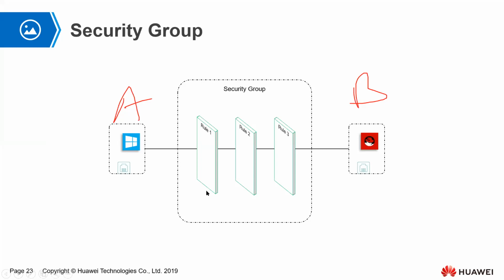For example, if the packet contains the ICMP protocol, deny it, like when someone is trying to ping or trace the route. It could be deny or allow, depending on what you configure as you're configuring the security group.